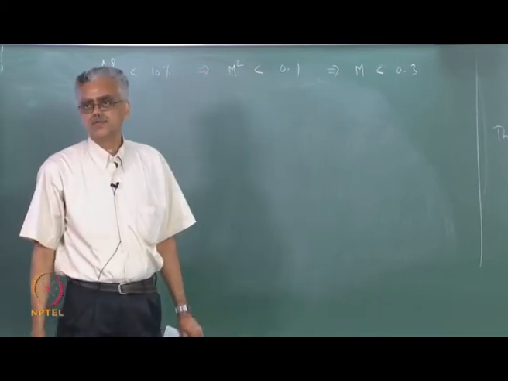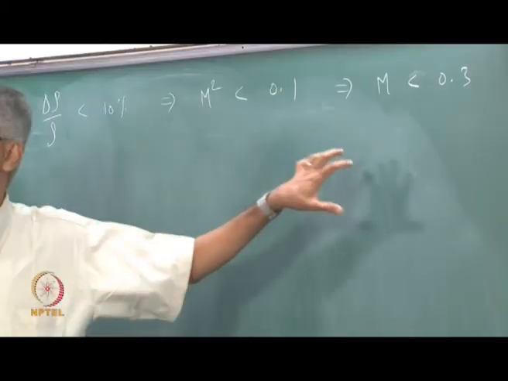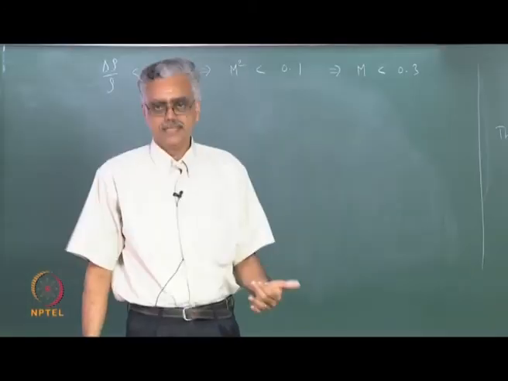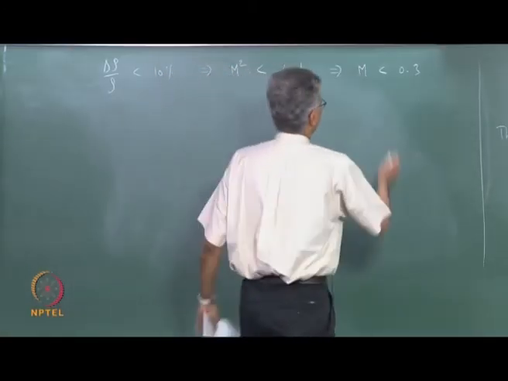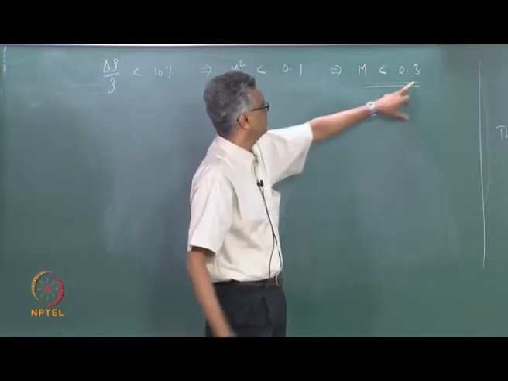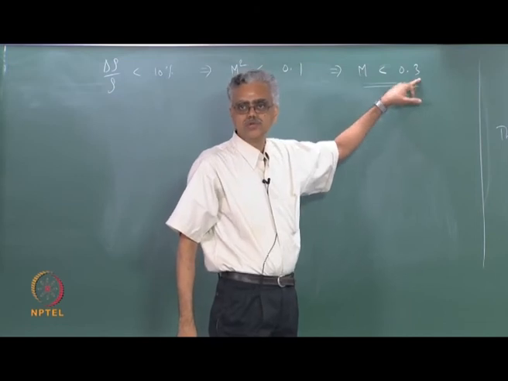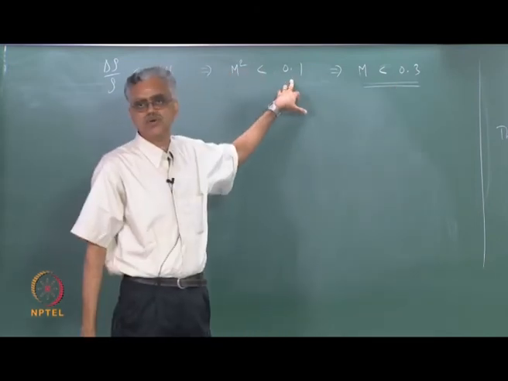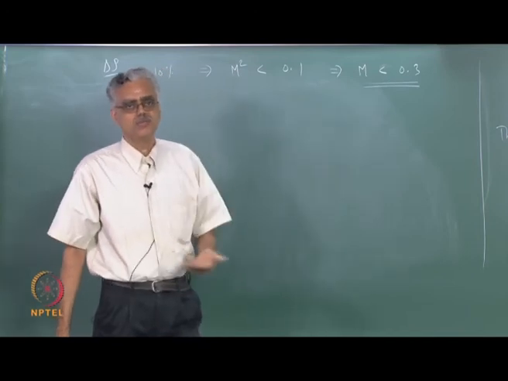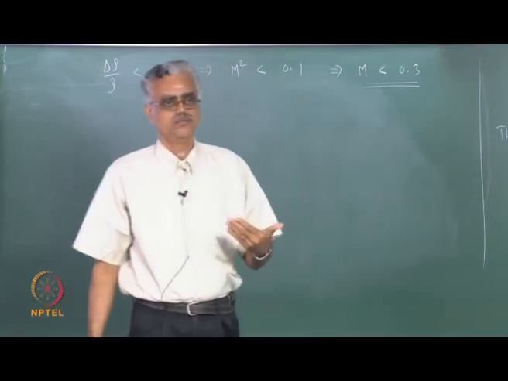So if the Mach number is less than 0.3, then in general compressibility effects in the flow can be ignored. So that is where this argument comes from, that M is less than 0.3, because if I square this I get something like 0.09, which is close to 0.1. So approximately if M is less than 0.3, then compressibility effects in the flow can be ignored.